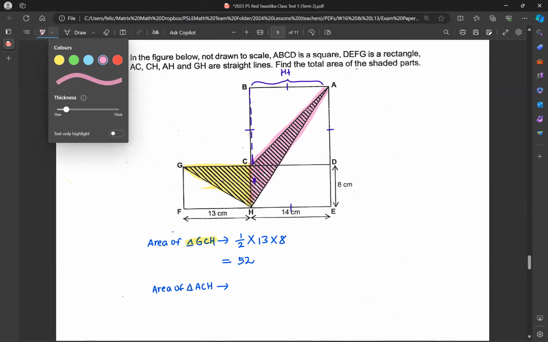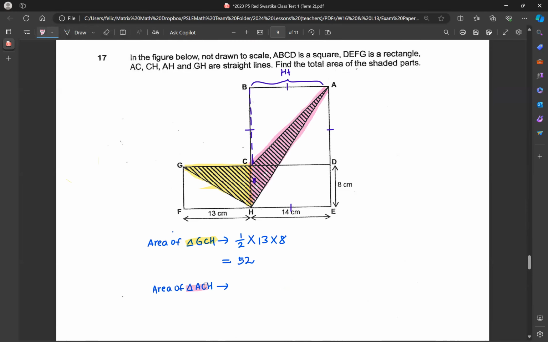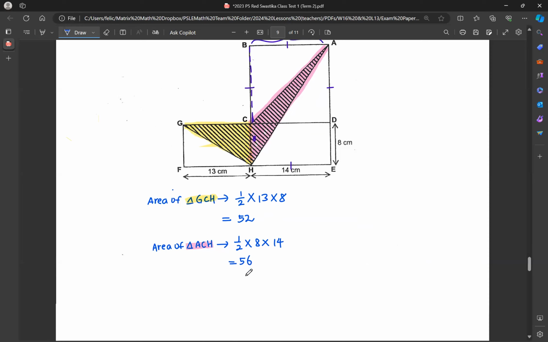This was the pink one. Half times base, which is CH, like I said, 8 cm, times the vertical height, which is 14. So this will give us 56, if you calculate that out.